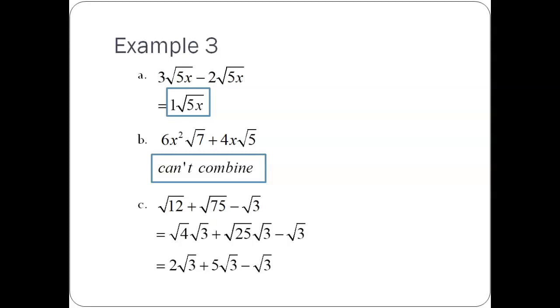So 2 plus 5 minus 1, that's equal to 6, and we leave the square root of 3 as is. So our answer here is 6 root 3. So anytime you're adding and subtracting these radicals, you always want to double check, can I simplify the radical first, and then after simplifying the radical, then see if you can add or subtract those radical expressions.